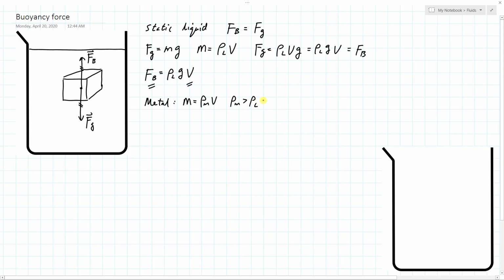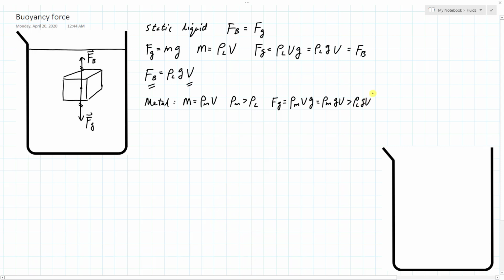So the density is higher, and we'll calculate gravity on the metal, which is density of the metal times its volume, and then times gravitational constant. This turns into rho g V, metal density, and this is greater than this rho liquid g V, right?